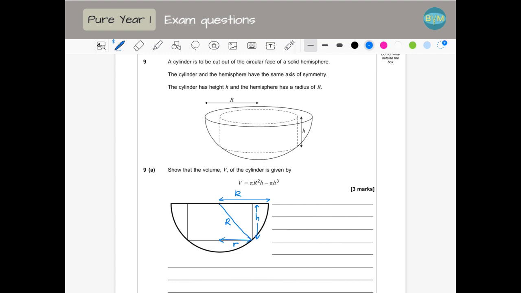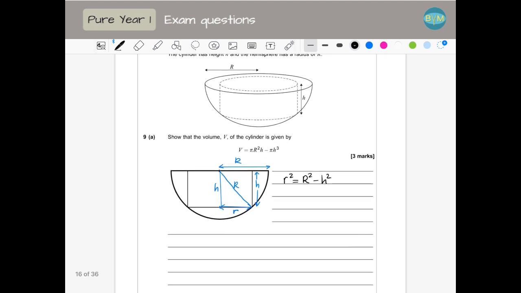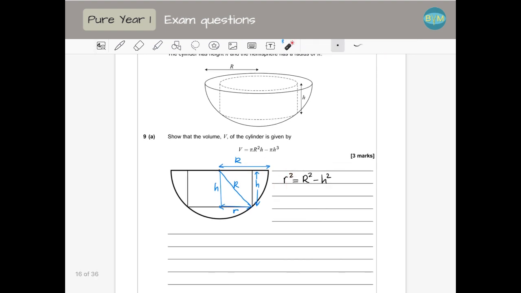I don't know if you can see this triangle, which is a right angle triangle, where we know that this is h and this is R. So as it's a right angle triangle, using Pythagoras we can find this small r in terms of R and h. So r squared is going to be R squared, capital letter, minus h squared. Yeah, and I'm going to leave it squared because we are going to use a squared in the formula.